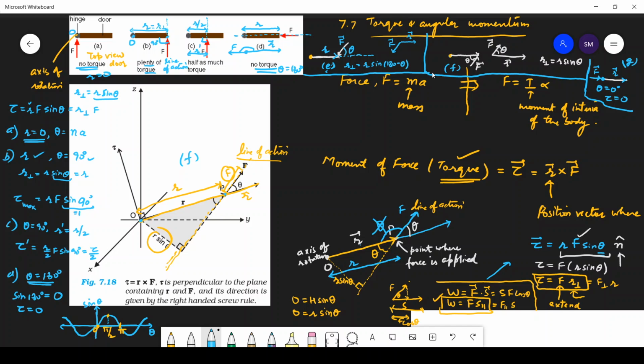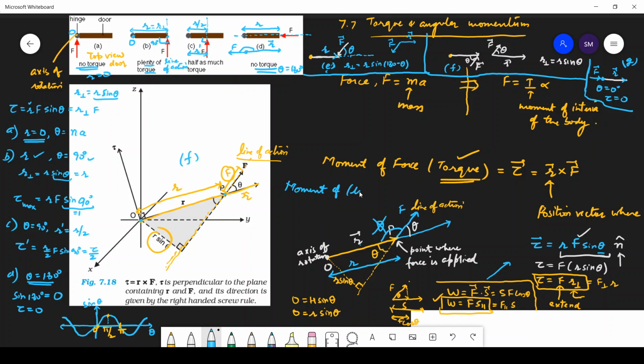Now the next topic that we have is angular momentum. Just like we have moment of force, we have a moment of momentum. We call it moment of momentum, or you can say moment of linear momentum, and that is angular momentum.